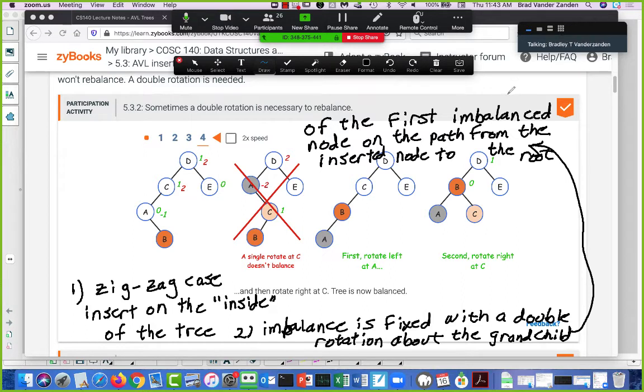And the first imbalanced node is one with a balance factor that is either 2 or -2. So that's the first node with balance factor equal to 2 or -2.